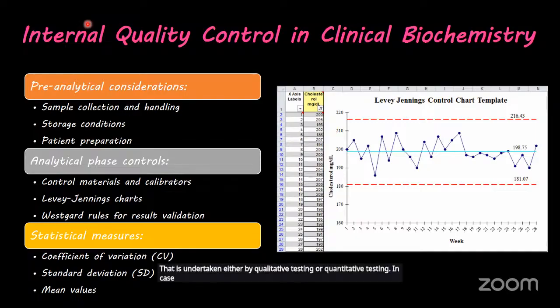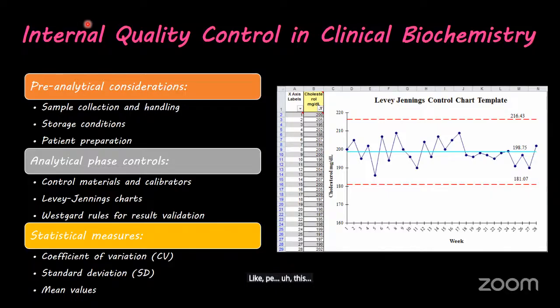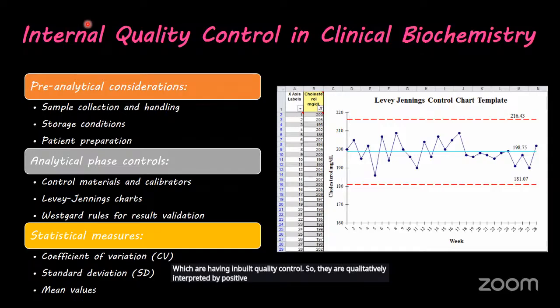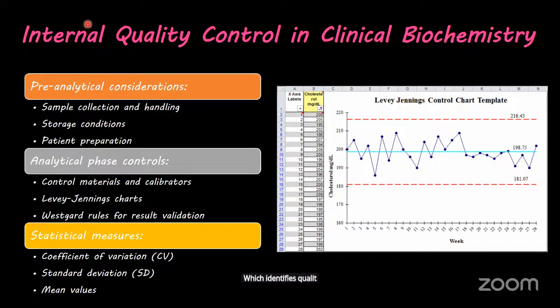In qualitative testing, the common examples seen in microbiological testing are ICT devices and point of care devices, which have inbuilt quality control. They are interpreted qualitatively by a positive or negative control, the serological control, which identifies and interprets qualitatively.